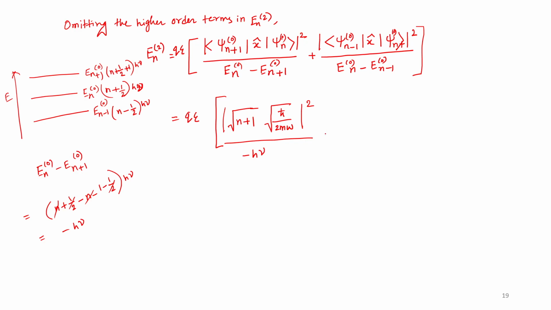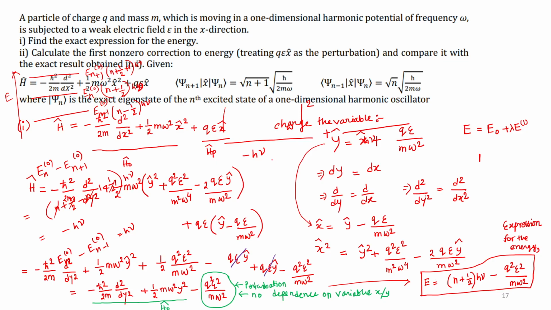First is minus h nu. Then the second part, and you can guess this is going to be h nu, right? En0 minus E(n-1)0 is going to give you h nu. The gap is h nu.